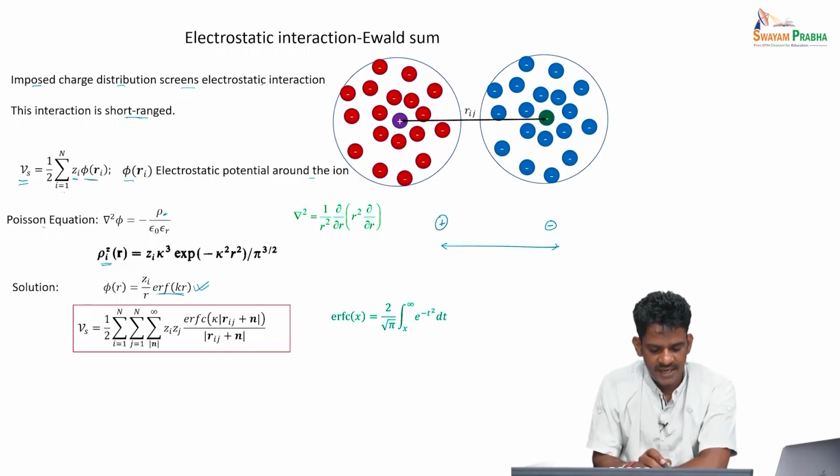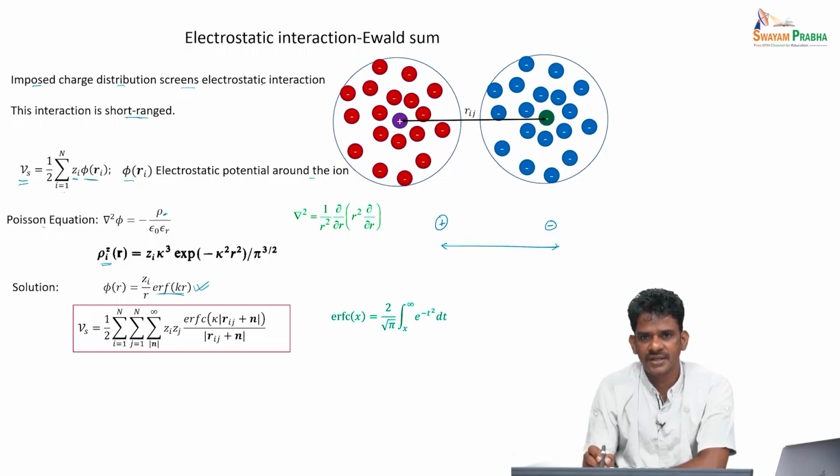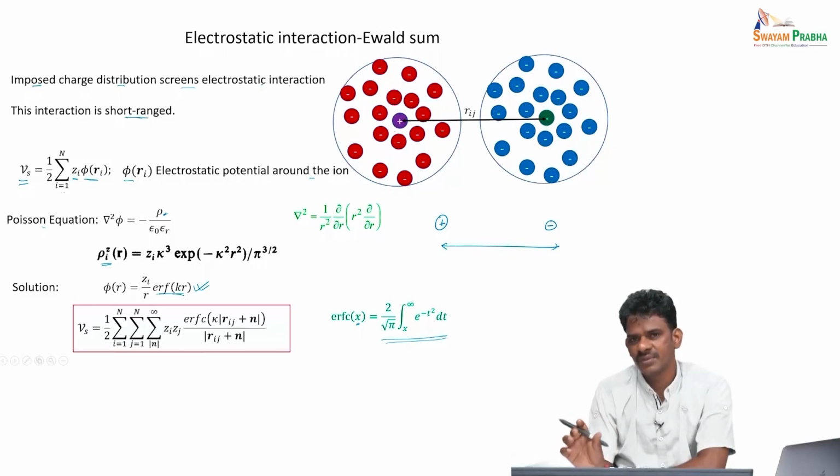So, you can see that having this imposed counter ion distribution converts the dependence of potential from 1 by r to 1 by r times the error function, and this error function is given by this Gaussian integral, and it is a function that rapidly decays as x goes to larger values. So, this basically tells why I was saying that when you have a counter ion charge distribution, the electrostatic interaction between them is screened.